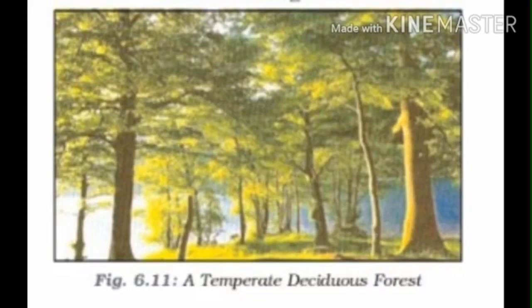Then what type of vegetation is present there? Oak, ash, fir, then maple, cedar, beech. These are the main trees found in this type of forest. Then wildlife animals like deer, wolves, then foxes, squirrels, and so on. Are you clear, children? We'll move on to the next one.